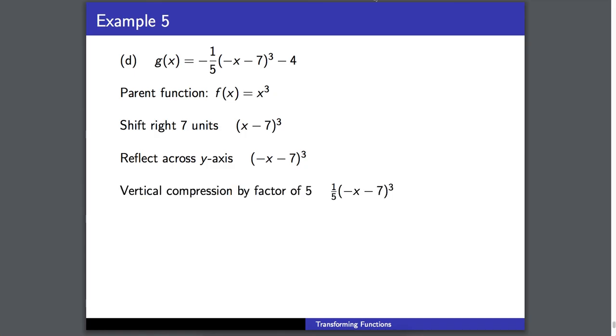It's a vertical compression by a factor of 5 because we are multiplying the whole thing by 1/5. 1/5 is between 0 and 1, so the factor is the reciprocal of 1/5, which is 5. So this is going to press downward on our graph. So now each point, because it's a compression, each of our points will be 5 times closer to the x-axis than they used to be.